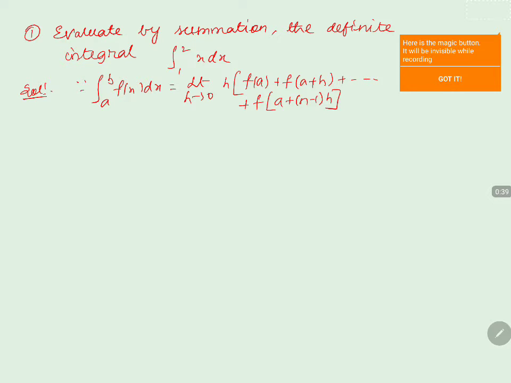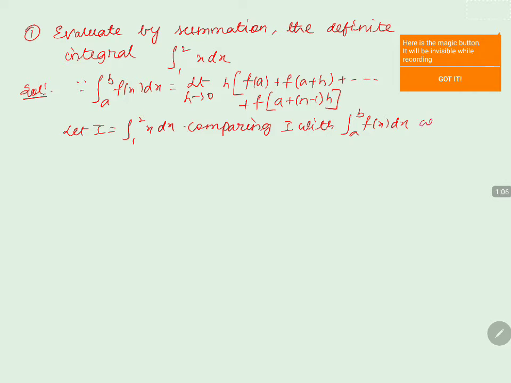Now we'll take the problem, that is, we'll write the given problem as I, such that I is equal to the integral from 1 to 2 of x dx. Now we are going to compare this integral. So we'll write it as comparing I with the integral a to b f of x dx.